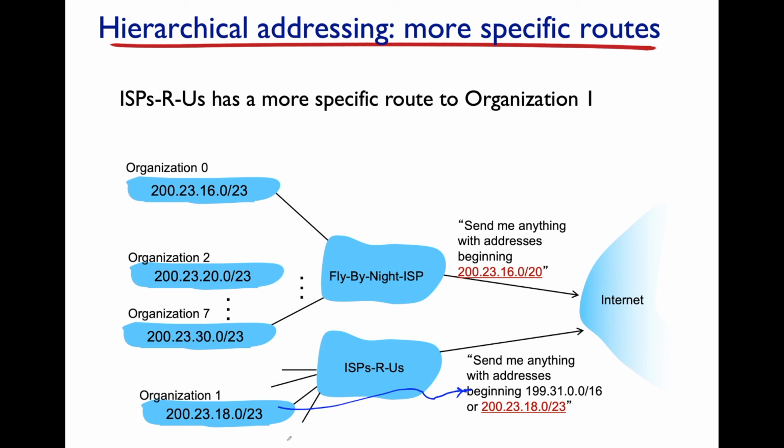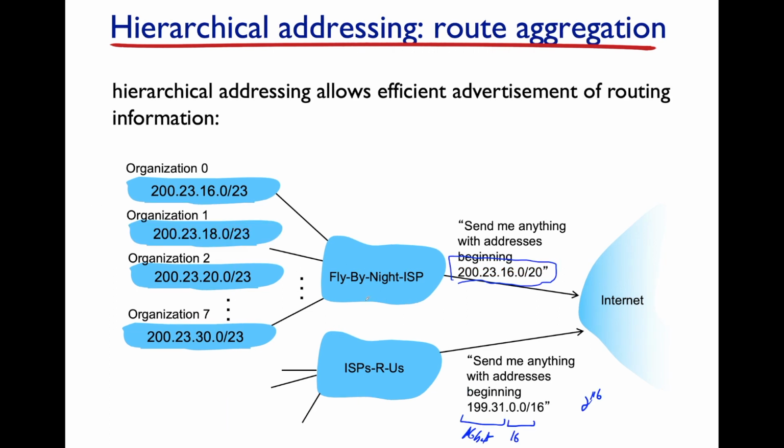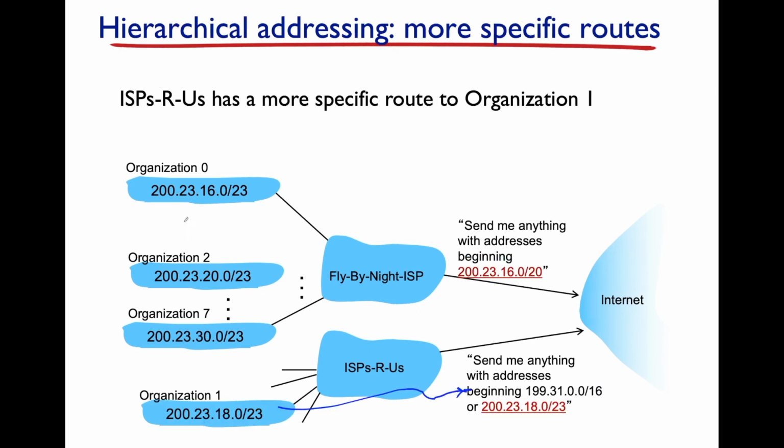And so what happens then in this case, you'd think that, gosh, how do datagrams that were originally going to organization 1 when it was in Fly-by-Night, which is underneath this block of addresses, I took this subblock and I excised it and put it on a new network. And so now the solution is to have ISPs-R-Us advertise that it also manages this block of addresses, 200.23.18.0 with a subnet mask of 23.